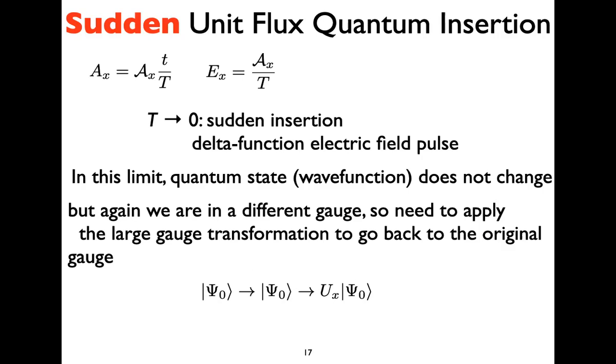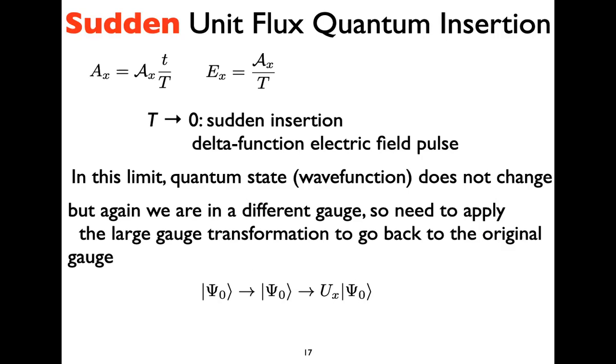So this is like a standard exercise in quantum mechanics: the Hamiltonian changes, because the Hamiltonian had no flux initially, but after switching on the flux, the Hamiltonian has a non-zero flux. So it's like a quantum potential suddenly changing the Hamiltonian. In this limit, as you can look up in Landau's quantum mechanics, the quantum state or wave function cannot follow the change of the Hamiltonian.